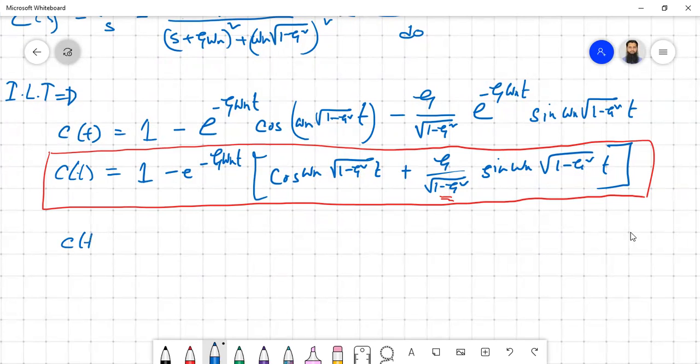Okay, so c(t) equal to 1 minus e to the power minus zeta omega n t into 1 by root over 1 minus zeta square.